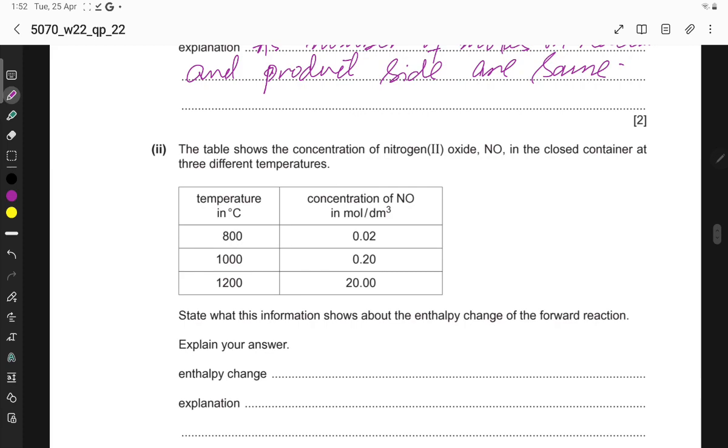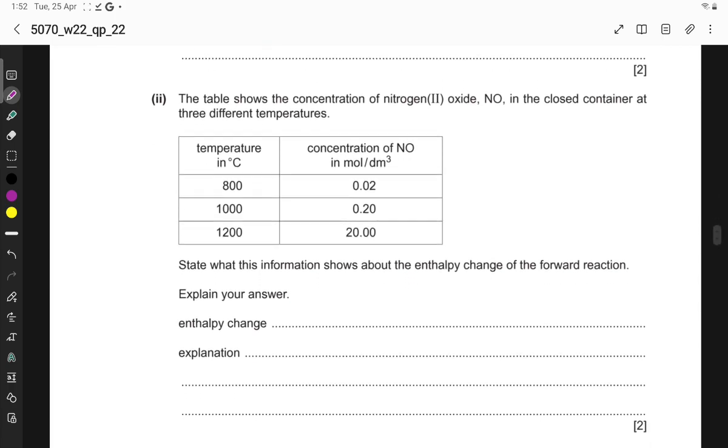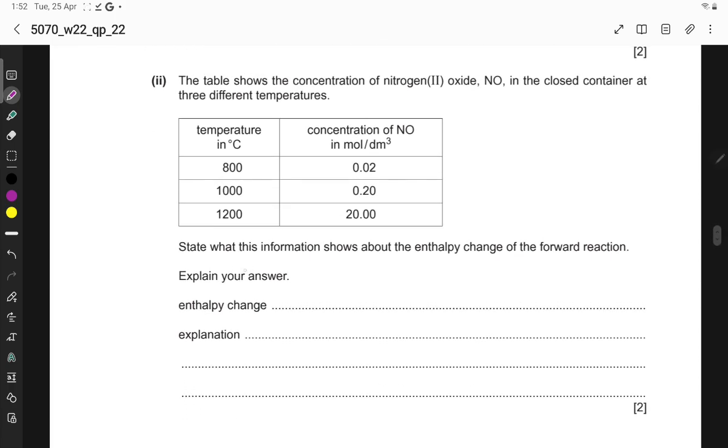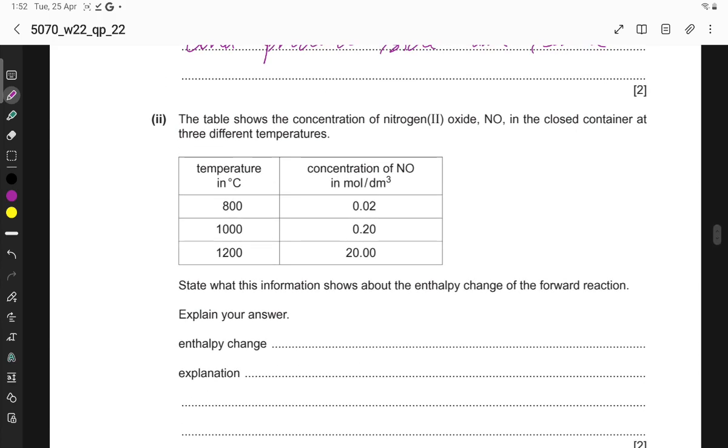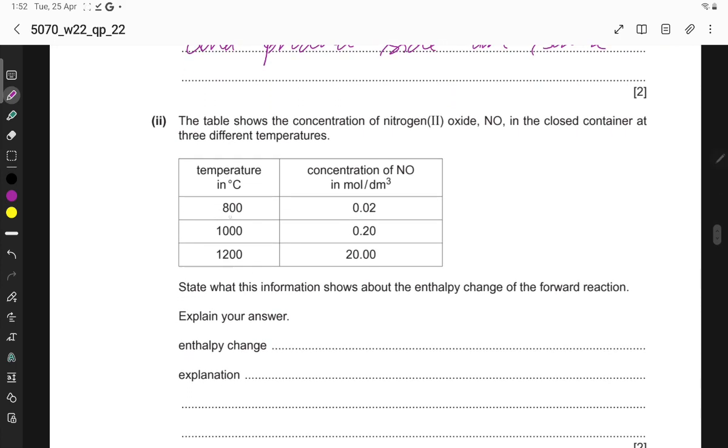The table shows the concentration of nitrogen oxide in the closed container at 3 different temperatures. State what this information shows about the enthalpy change of the forward reaction. Explain your answer. From the table, at 800 degrees centigrade the concentration of nitrogen oxide is 0.02, while at 1000 it is 0.20. So by increasing temperature the yield is increased, so the reaction is endothermic.